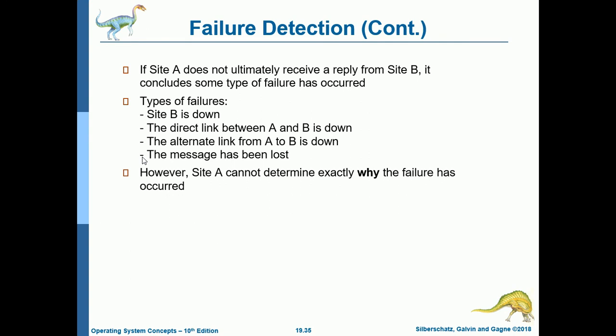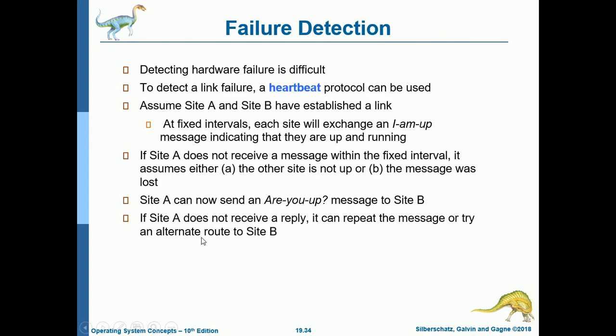But what if site A messages site B through an alternate route and site B replies? It means site B is up and alive, and it can be determined that the problem is not with the site but with the direct connection between site A and site B.